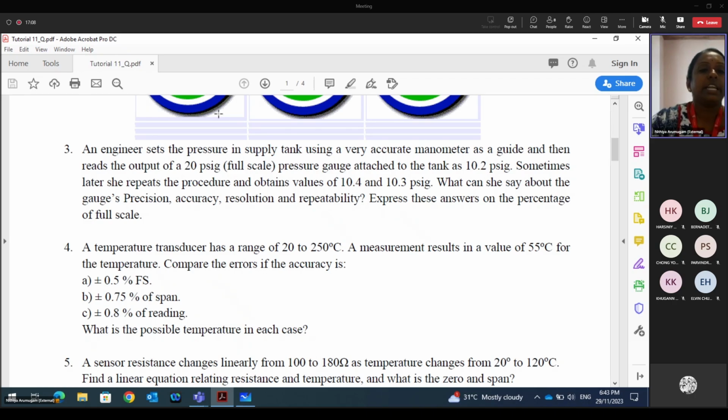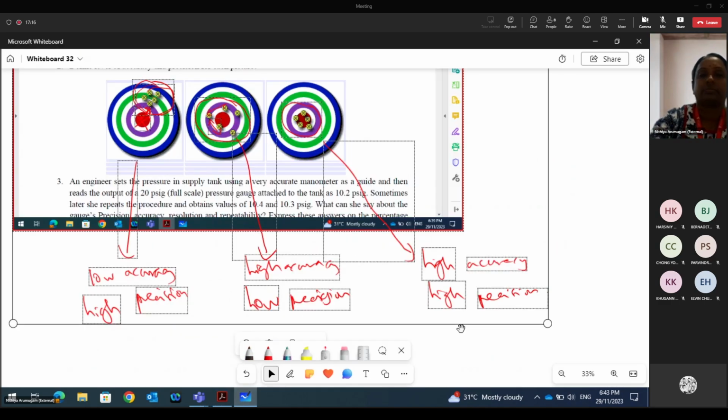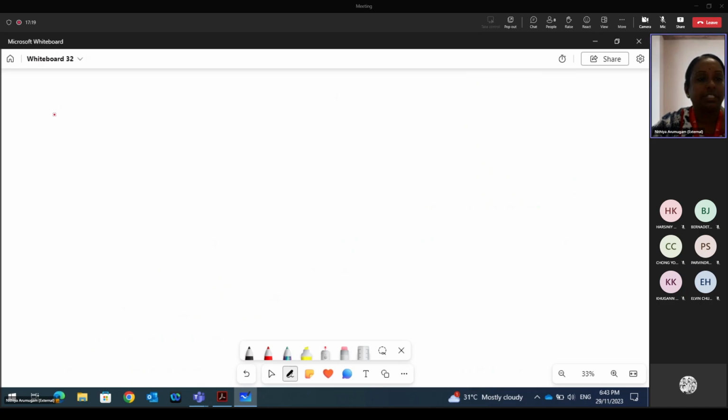Okay, first let's talk about precision. What does precision mean? Okay, they have given us 3 values, which are 10.2, 10.4 and 10.3. Now, talking about precision, meaning how close they are with each other.